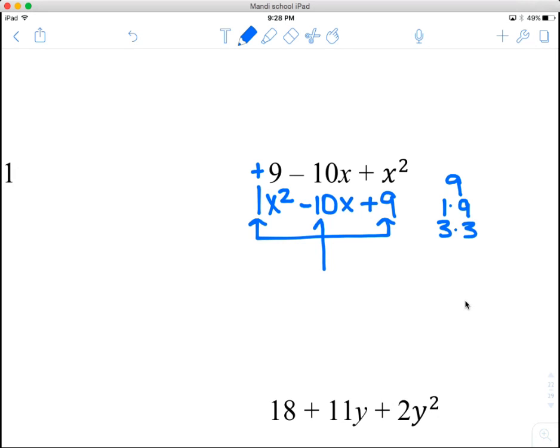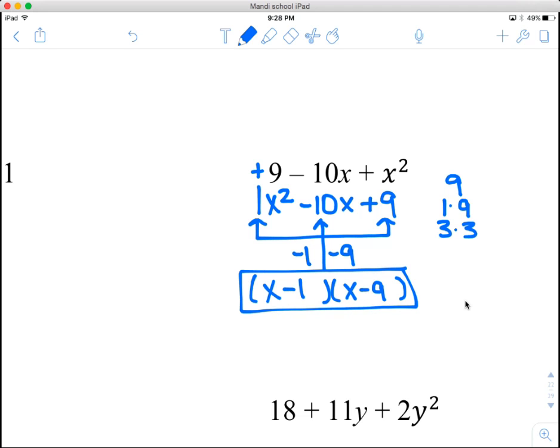We want the factors that will add or subtract to negative 10. So we have a negative 1 minus 9 would give us negative 10. So that's x and x. Bring down the negative 1 and the negative 9.